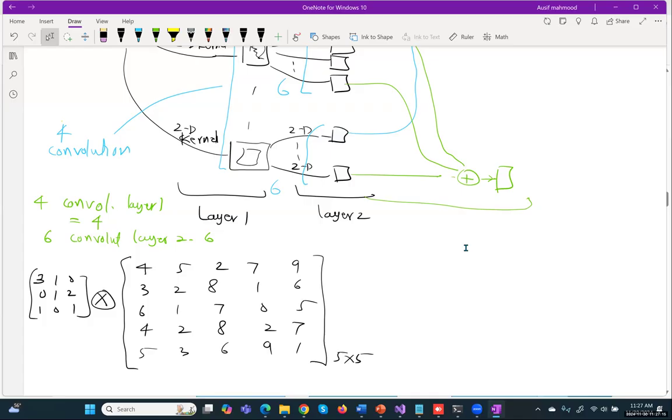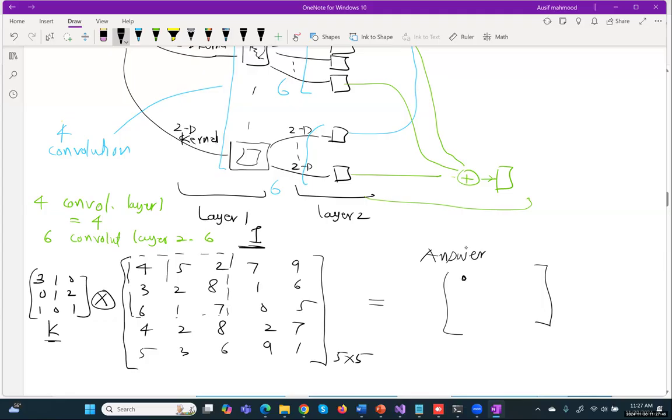My question is, how many numbers will be in this output, if this is our image and this is our kernel? First, we will put the kernel in this spot, multiply corresponding values and add. So we will produce one answer. Do you agree?